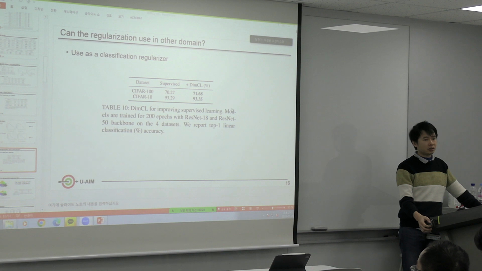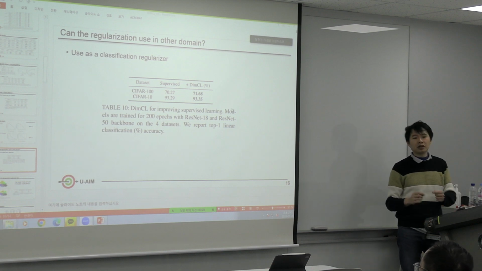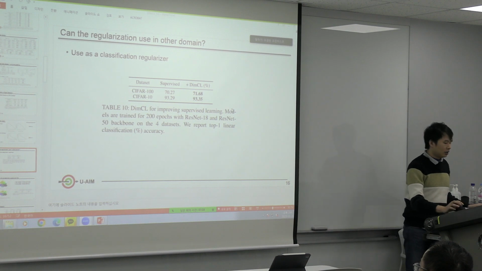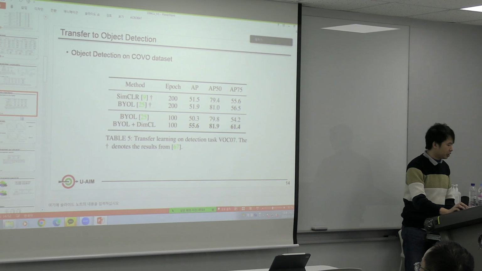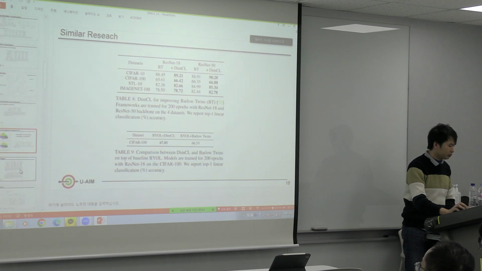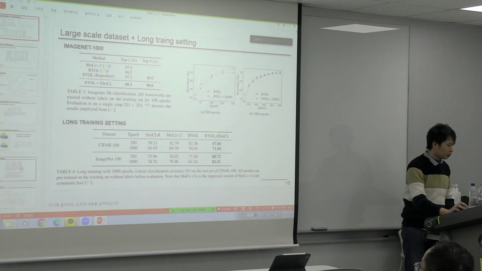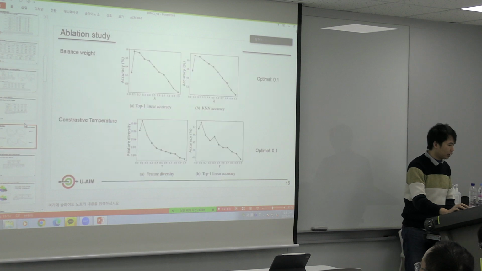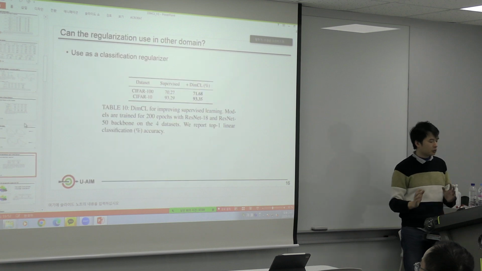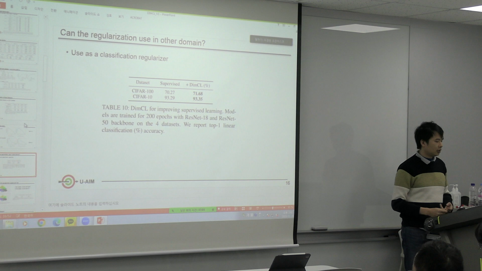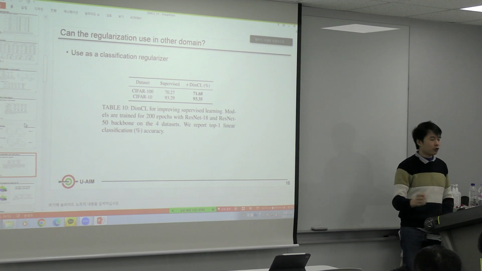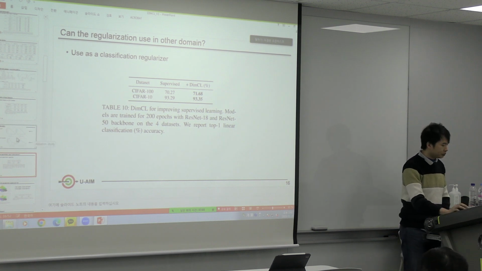So we have to perform a specific analysis regarding the dimension of the feature vector. Anyway, we have to perform specific analysis about the special features of our method.